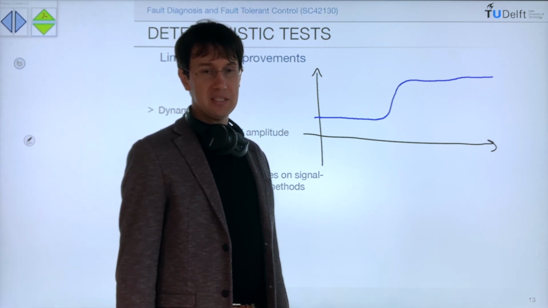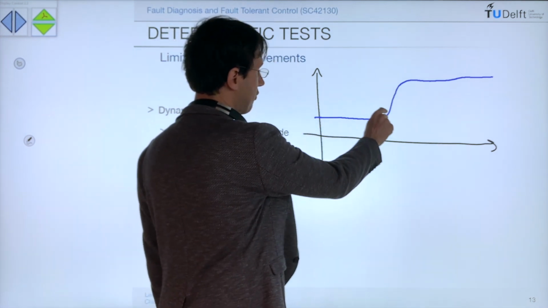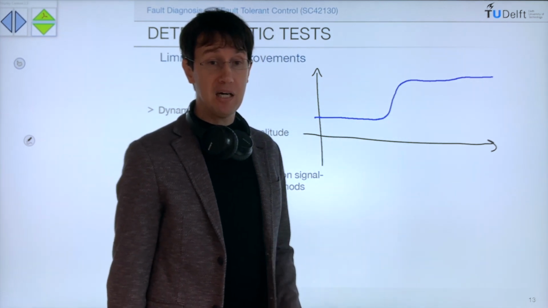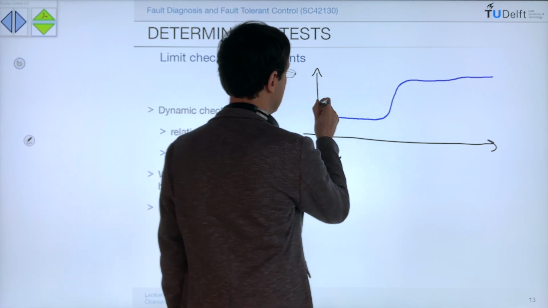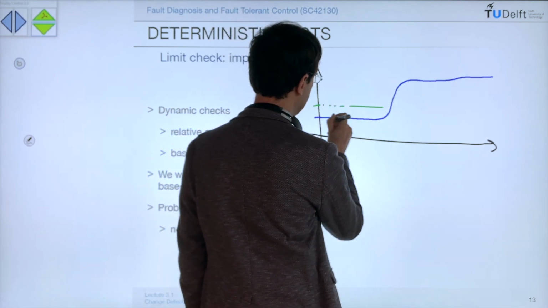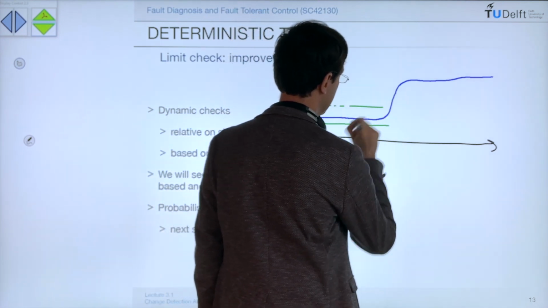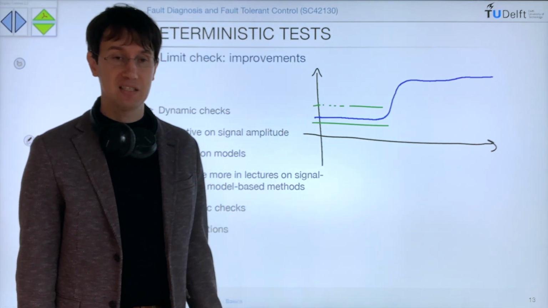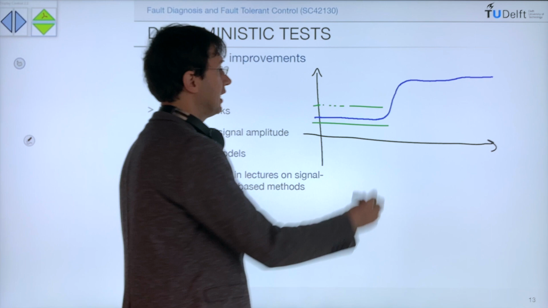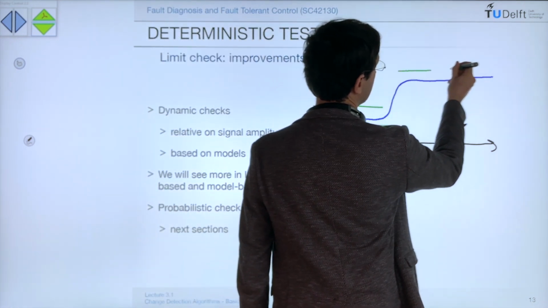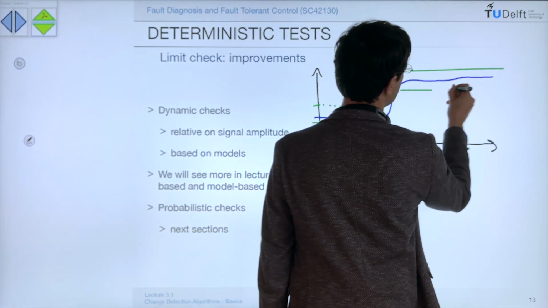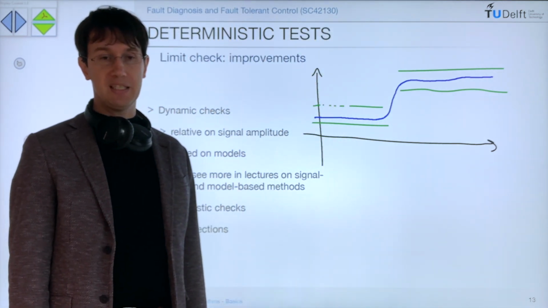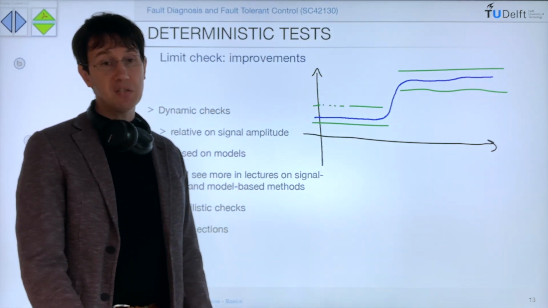So what I can do is take a time window here and define bounds around it. So I can have bounds that are, for instance, plus or minus 10% of the steady state value. And then I have new bounds here that are plus or minus 10% of this new steady state. So you can do that.